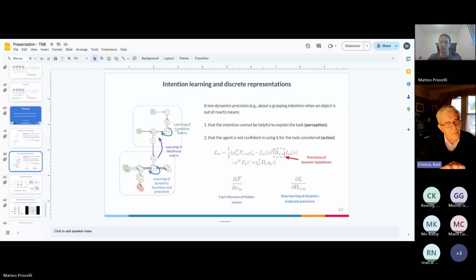But in this more expressive context, that would look like getting the precisions of the probability transition matrices in discrete state space, the intentional state space, right, in relation to how precise the movements are in the continuous state space, or how quick they are.